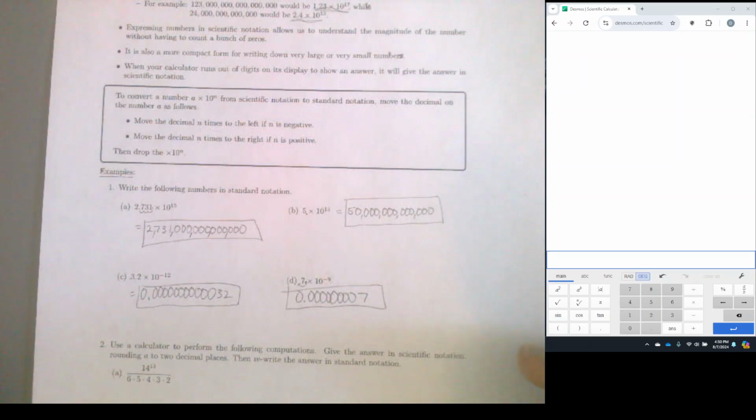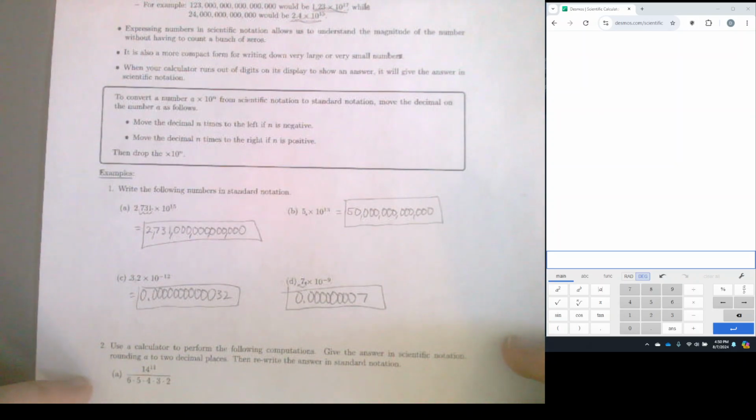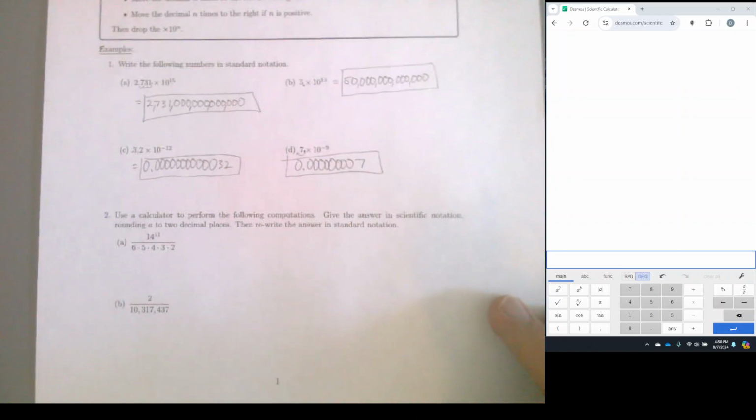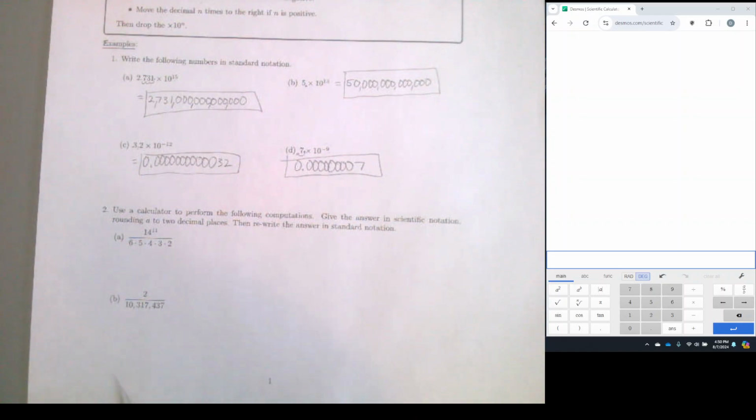Let me just give you a couple more examples, just showing you where this might come up in an actual calculation. So let's say for whatever reason that you needed to perform the calculation 14 to the 11th power divided by 6 times 5 times 4 times 3 times 2. Let's see what we get. So I'm going to do this in my calculator. I'm going to give myself a little fraction so that I can do 14 to the power of 11, and then arrow down and do 6 times 5 times 4 times 3 times 2.